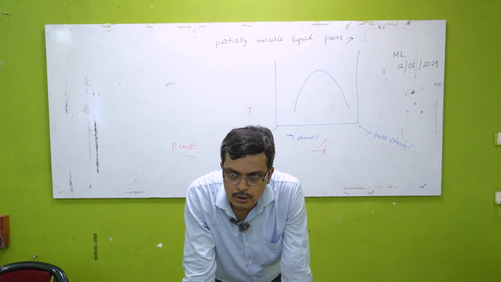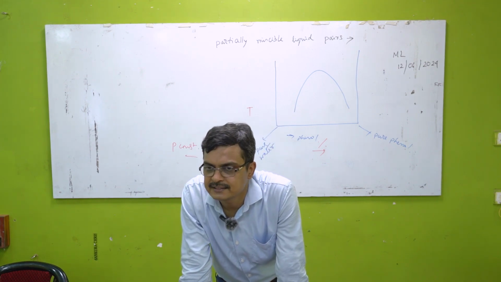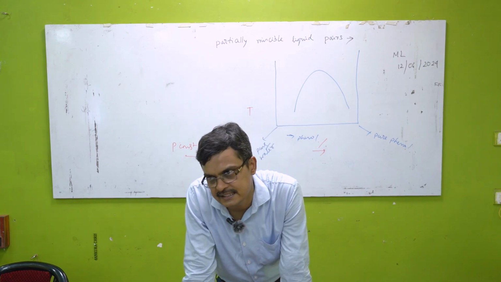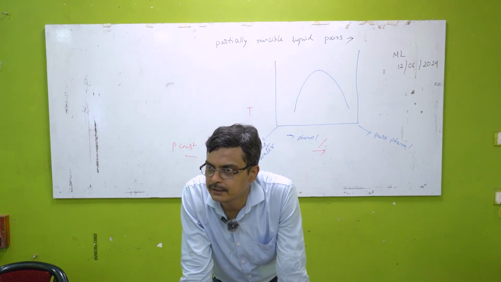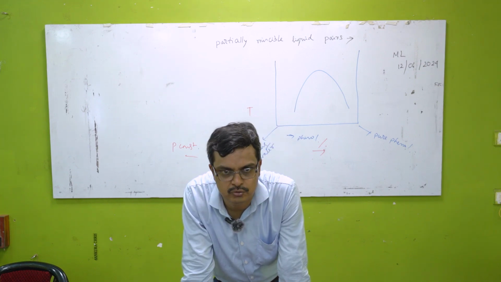So we keep the pressure constant, and thereby the maximum degrees of freedom for such systems becomes 2, and it is then convenient to draw a two-dimensional phase diagram.